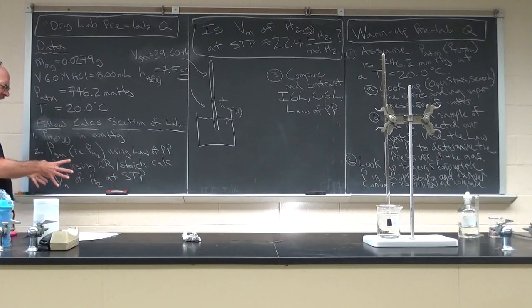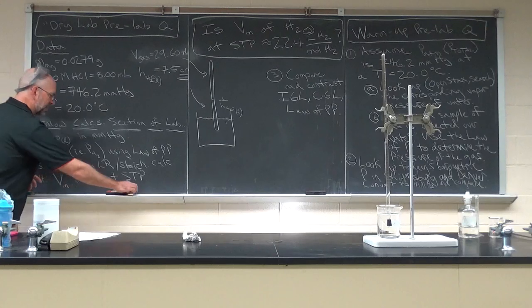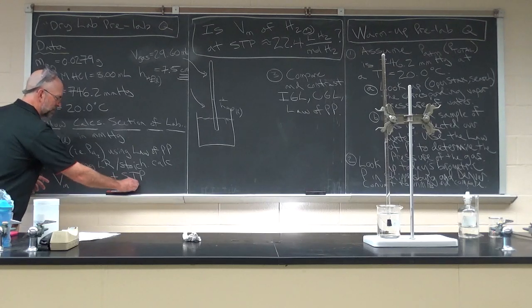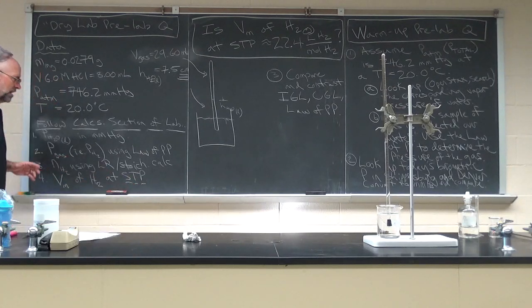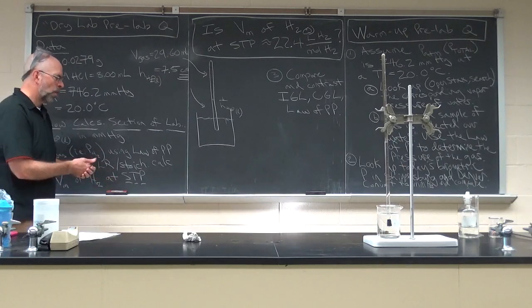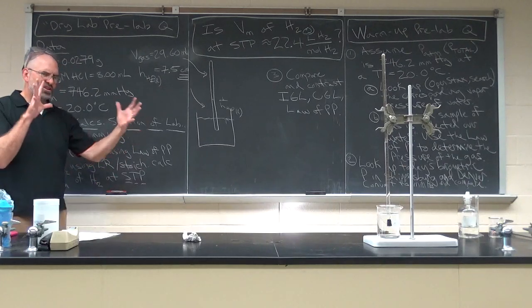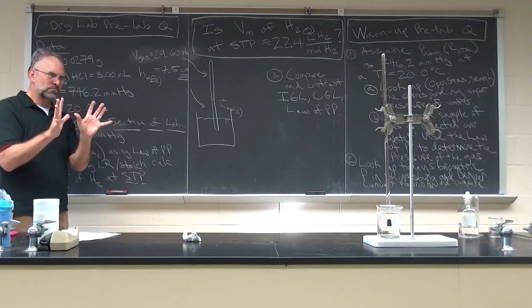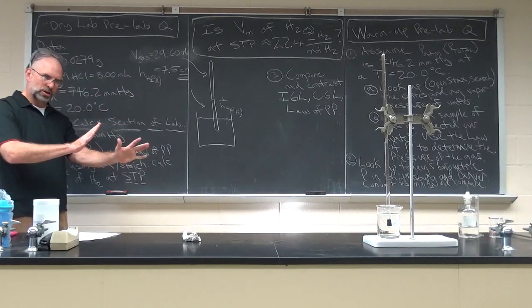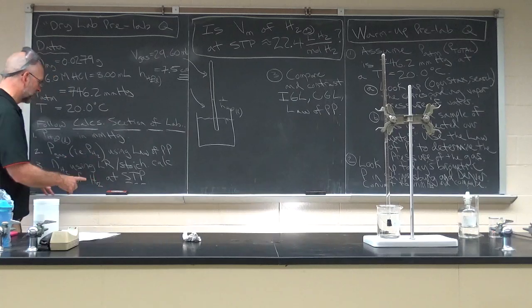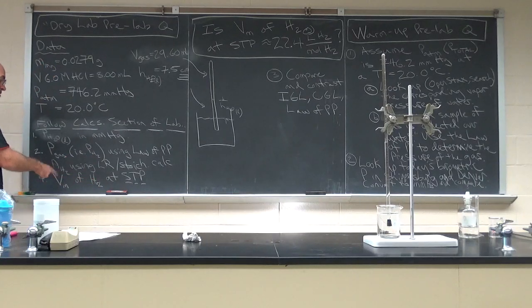Now, there's actually a lot built into that last calculation, because you're calculating this at standard temperature and pressure. Standard temperature is 0 degrees Celsius. Standard pressure is 1 atmosphere. I'm not going to go through that; that's kind of on you, using what you know from lecture, to put all those pieces together and calculate what's called the molar volume of hydrogen at STP.